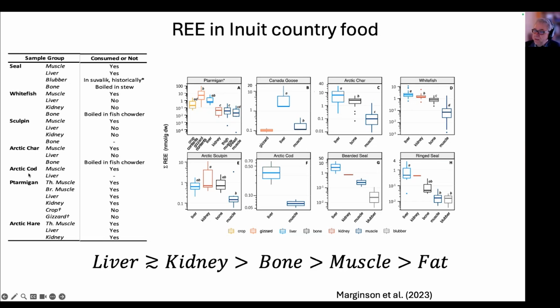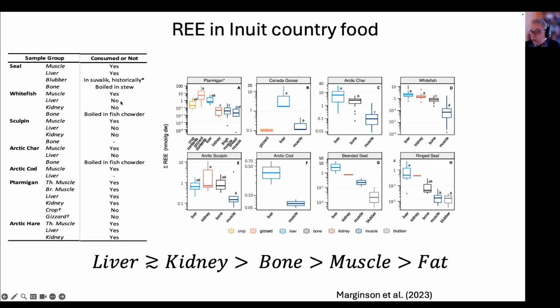On the left side, you have a table where you can see the different organisms that we selected. On the right column, you can see whether or not the community is consuming a given organ. For instance, for the seal, the muscle, the liver, the blubber, and the bone are all being consumed. But in contrast, for the sculpin, which is a fish, only the muscle is consumed.